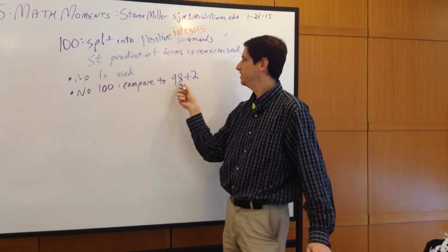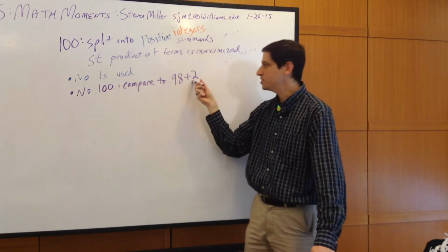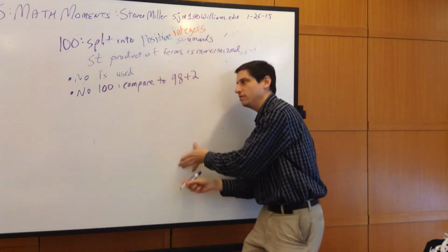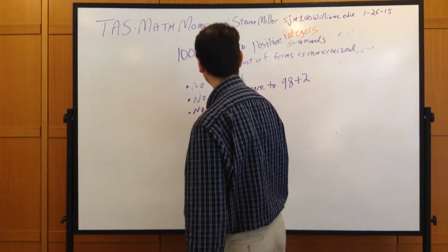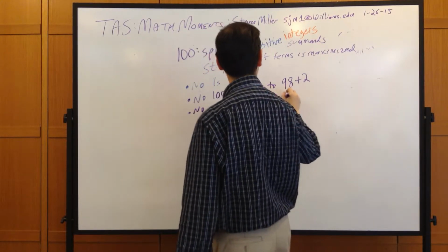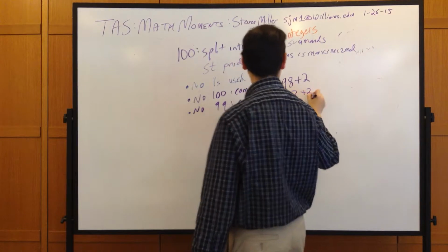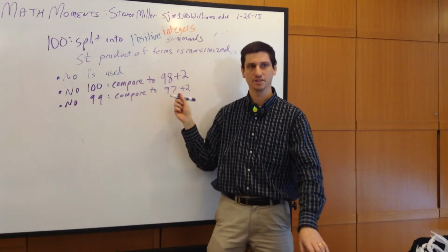Which would I rather have, 98 and 2 or 100? 98 and 2. And because I have the 2 here, I'm going to be able to go very far down with this. So now, no 99, compare to 97 plus 2. And I'm going to be able to keep going for a long time like this.